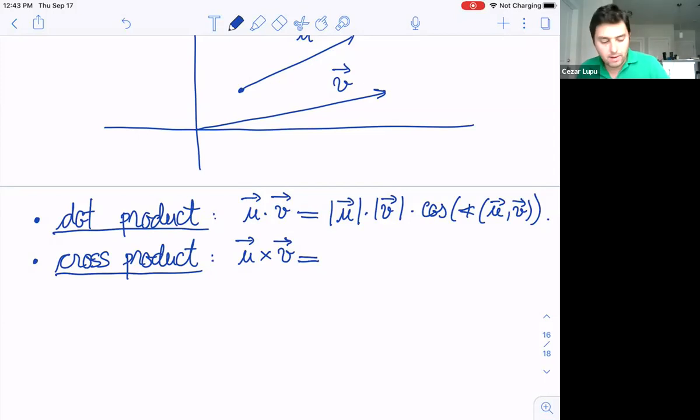And you'll see in geometry how we apply this dot product. And now the cross product.